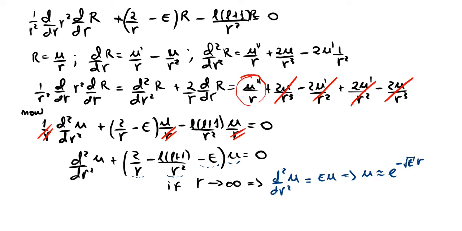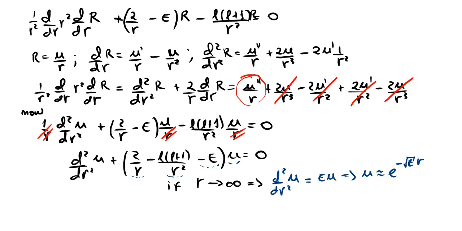Then there could also be a plus square root of e r, but then I'm saying that this function is going to grow exponentially with r, and this is not what we want physically, right? So we want to avoid exponential growths, because the function needs to converge to 0 at r going to infinity. So this is one behavior, at least for r going to infinity, and just keep that information.